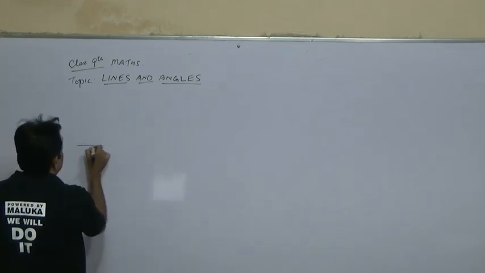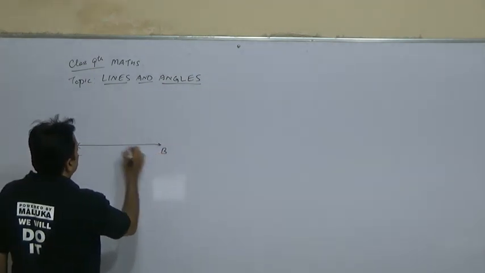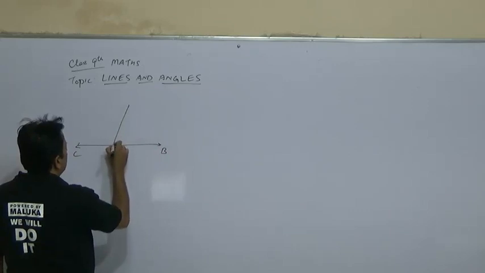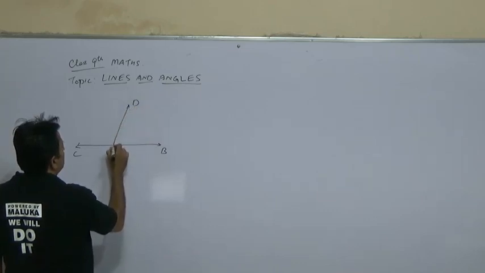So we are given that a ray AD stands on line CB. So there is a line CB and a ray AD stands on this.